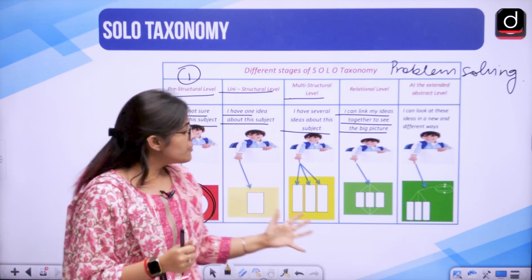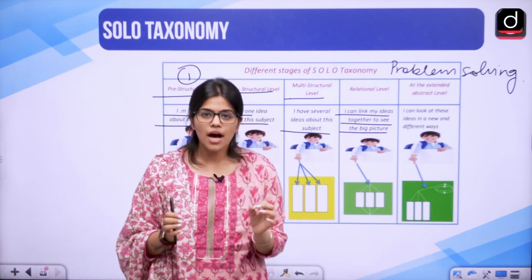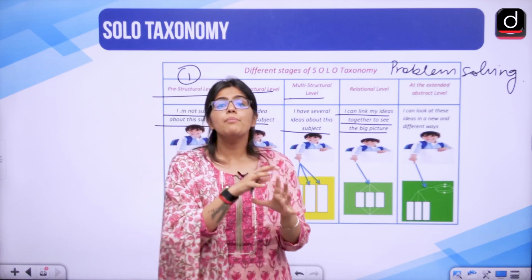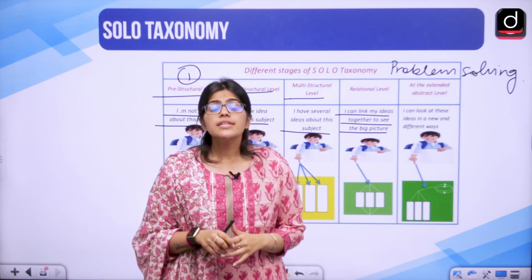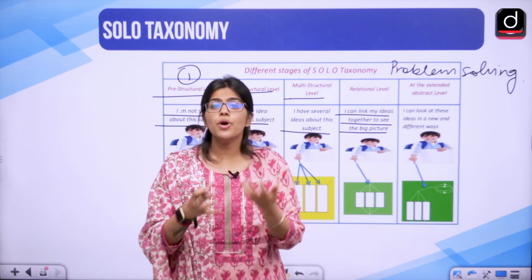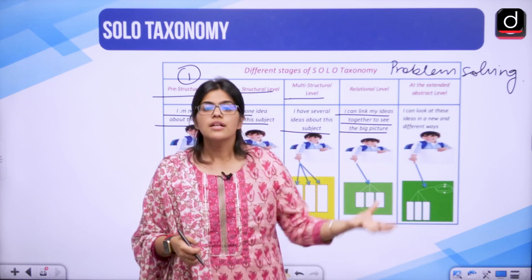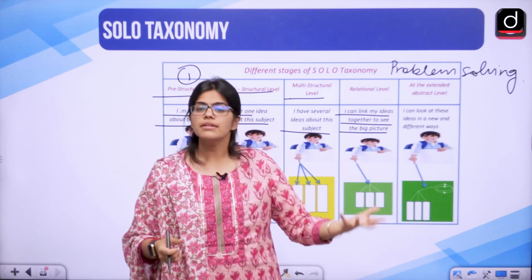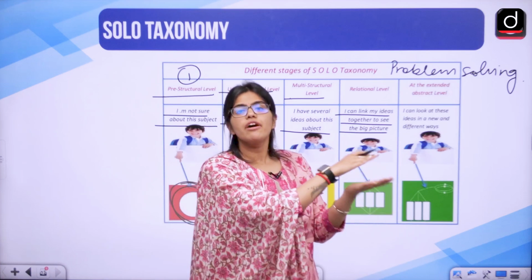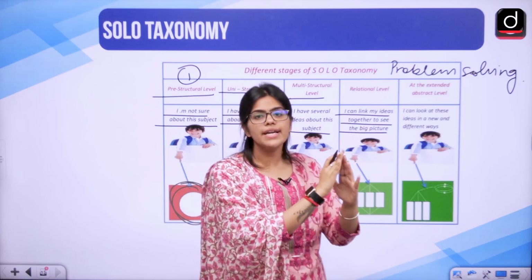Right? So I hope you understood this in today's class. We tried to understand SOLO Taxonomy. This is in direct relation to what we did in Bloom's taxonomy, how the learner learns. The learner can learn through 3 domains: cognitive, affective and psychomotor, all connected together.